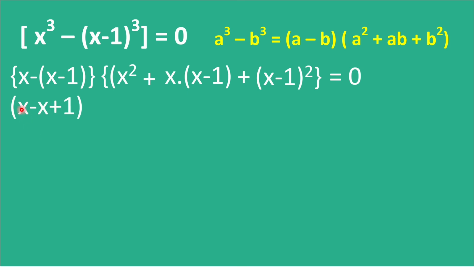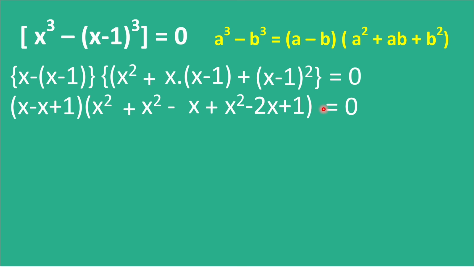In the next step, this minus will multiply with this x, so minus x, and this minus will multiply with this minus, so this becomes plus. Here x² plus x times (x − 1) becomes x² − x, and plus (x − 1)², which is a² − 2ab + b², so this becomes x² − 2x + 1, which is equal to 0.